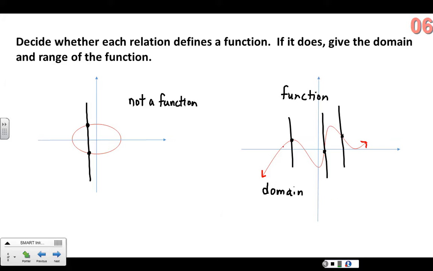So there's probably a point on this function for every value of x. So the domain would be all real numbers. If you wrote that in interval notation, if you remember doing interval notation with inequalities, it would be from negative infinity to infinity for the domain.